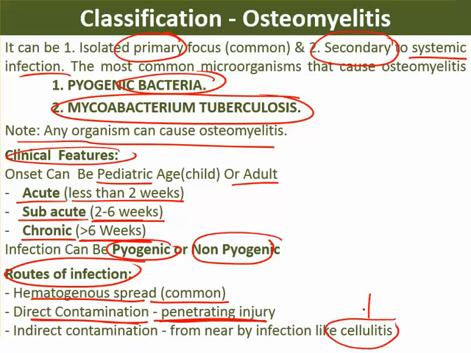Cellulitis is common in diabetic or immunosuppressed patients, whose immunity is low, like HIV patients. Then the infection goes directly from the subcutaneous tissue to the bone, that is called indirect contamination. So these are the modes of spread of infection to the bone.